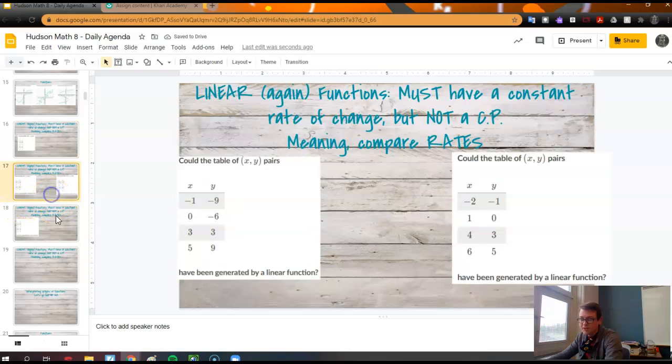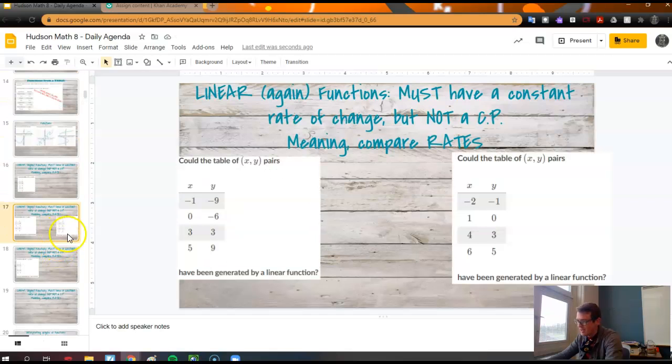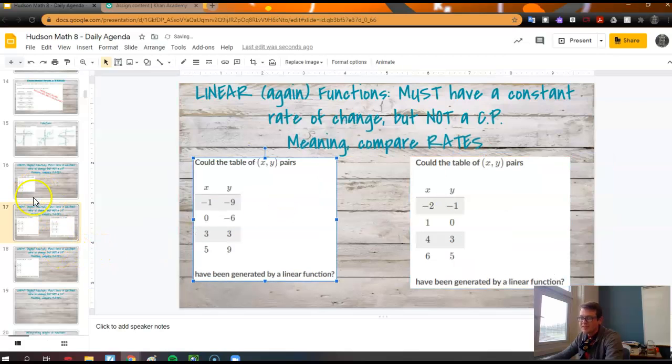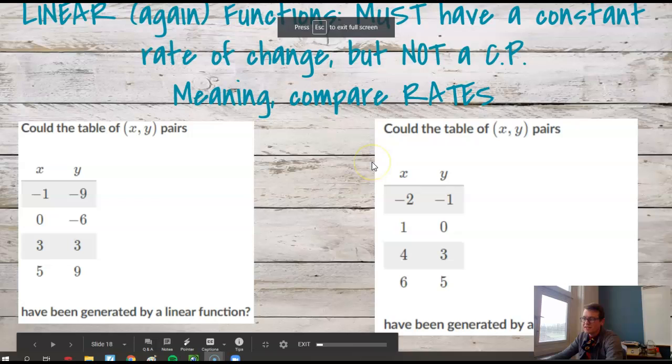This is timing up well because we're almost out of time. Go in the breakout rooms. Are these linear? Hint, hint, my bet is one of them might be and one of them won't be, because that's good practice.